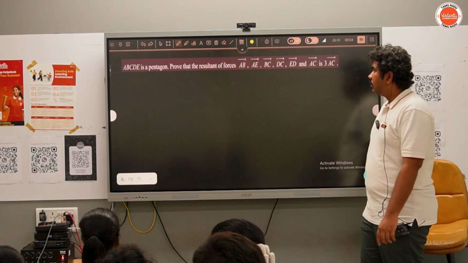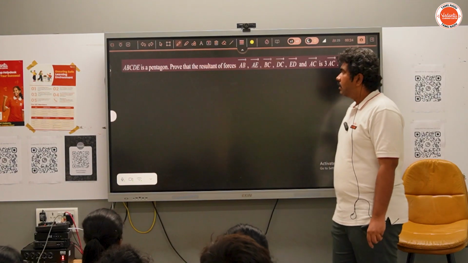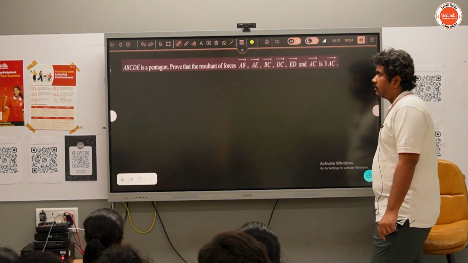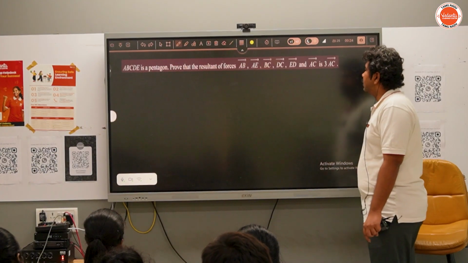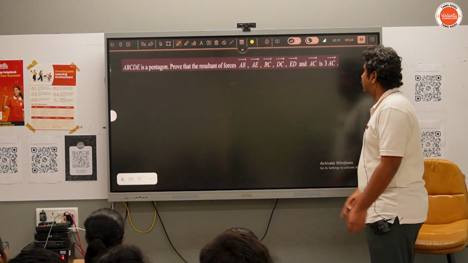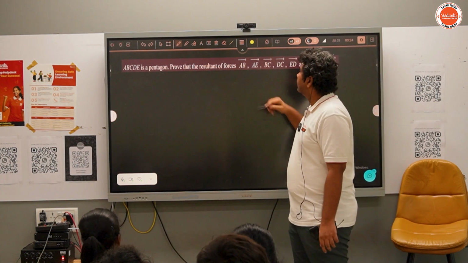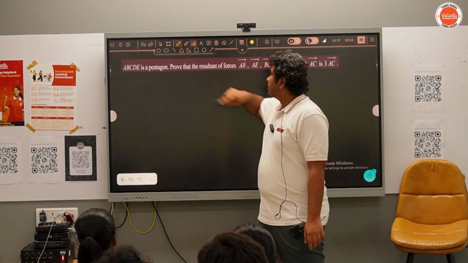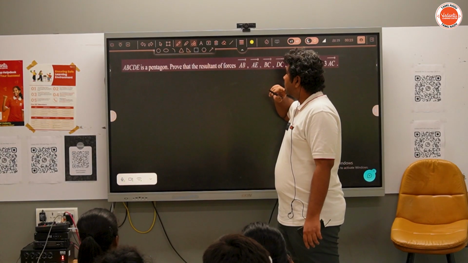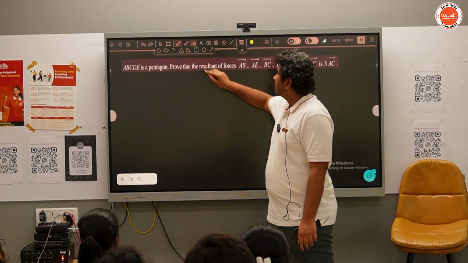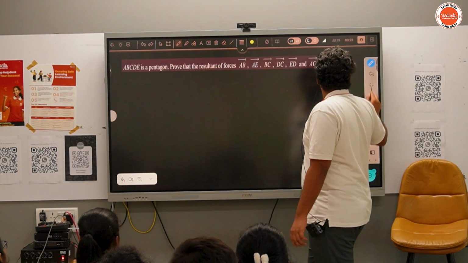So I think everyone knows force is a vector, right? ABCDE is a pentagon. Prove that the resultant of the forces is 3 times AC vector. Okay, so these are the forces. Is there a possibility to draw a pentagon? No, we can only draw a hexagon.